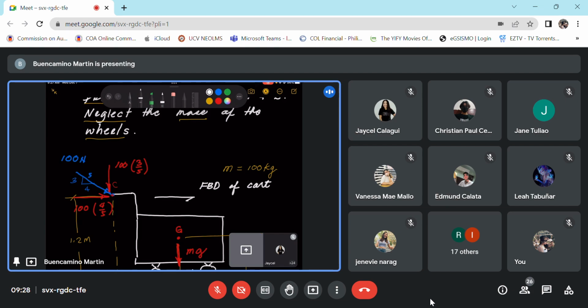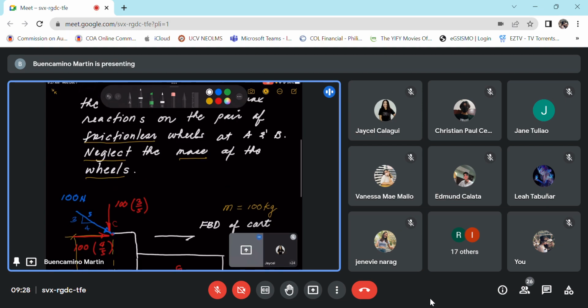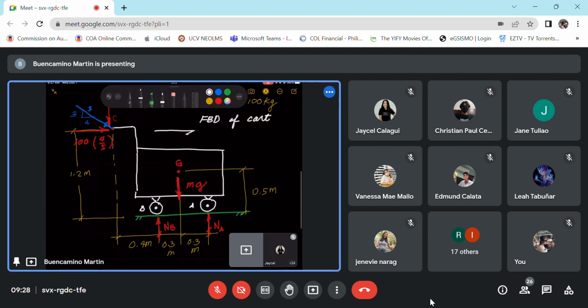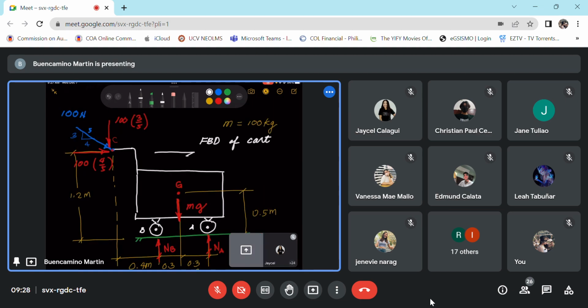Yan ang kanyang motion. So it is translation, translation along x-axis. So nakuha nyo yung problem, class.